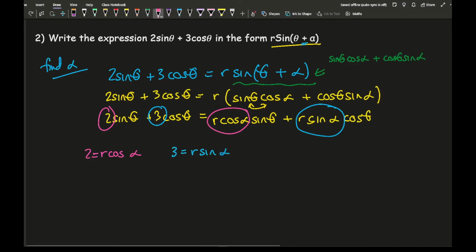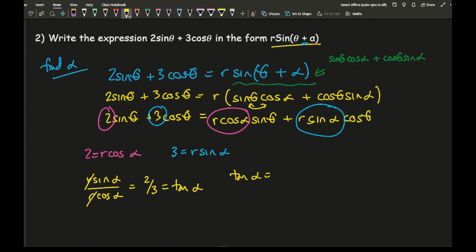Then using both of those, what have I got? I've got r sine alpha over r cos alpha, where the r's cancel out, equals 3 over 2, which equals tan alpha. So tan alpha equals 3 over 2.